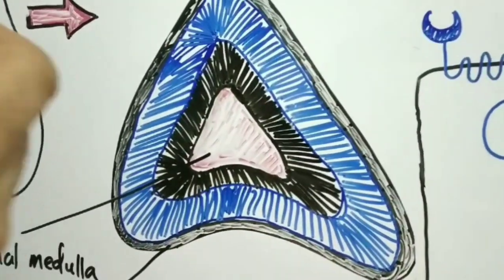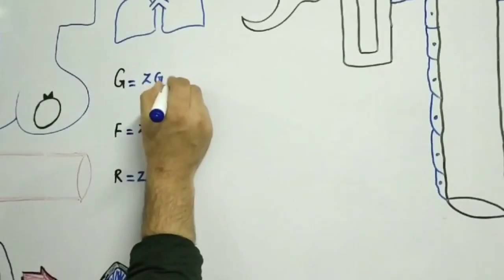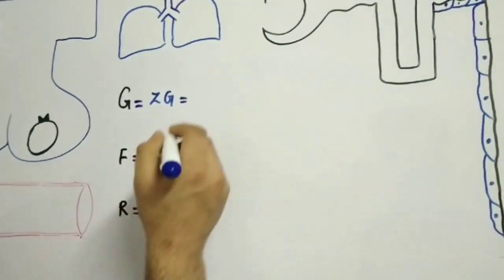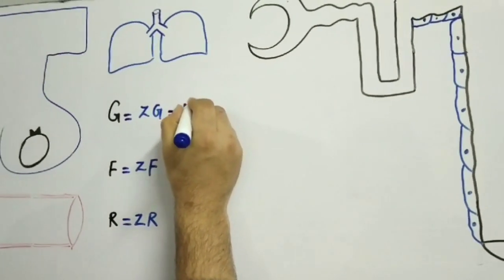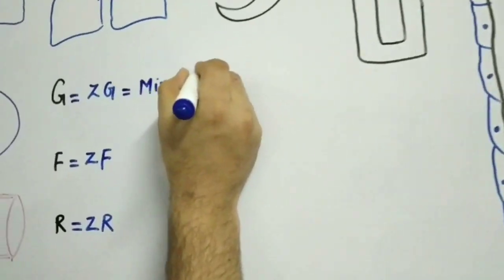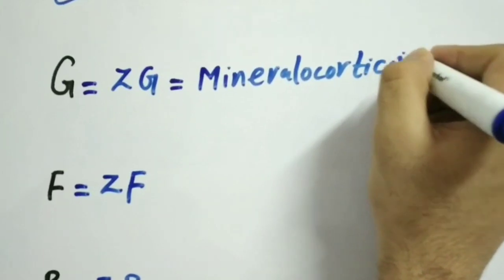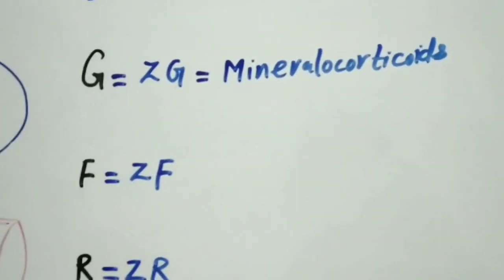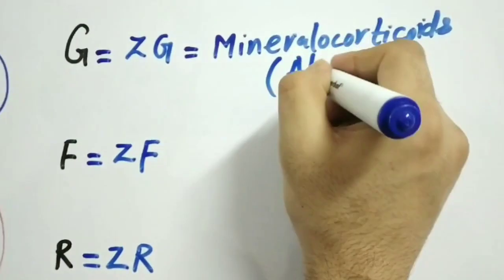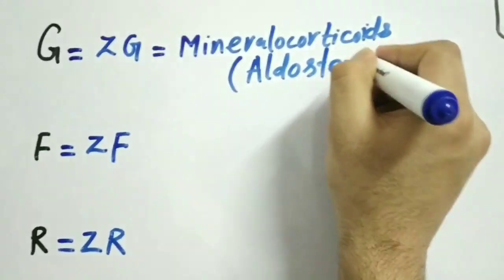Now let's see the hormones of these layers. The zona glomerulosa secretes hormones which are known as mineralocorticoids. As an example of mineralocorticoids, you can take aldosterone.